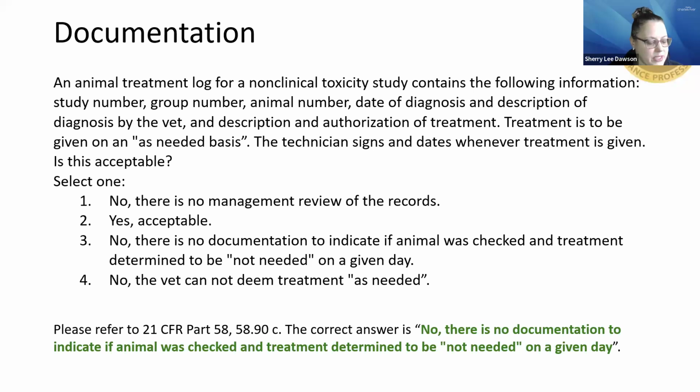These animals may be treated for disease or signs of disease, provided that such treatment does not interfere with the study. The diagnosis, authorizations of treatment, description of treatment, and each date of treatment shall be documented and shall be retained. So as Anita was saying, the requirements are all there with the exception of as needed.